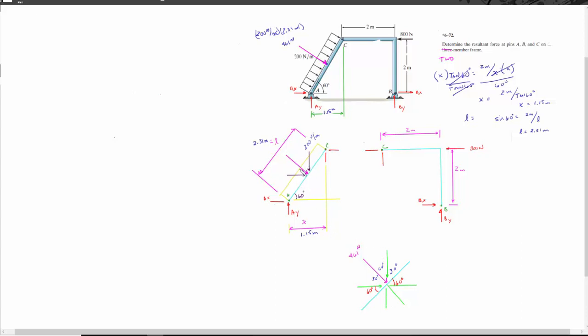So to solve for these, I actually used this angle right here as 30 degrees. So if you take the cosine of 30 times the 461 newtons that I got, I'm going to come up with 400 newtons. So that's 400 newtons. And then we know that the sine of 30 is 0.5, so 461 multiplied by half, we would get 231 newtons.